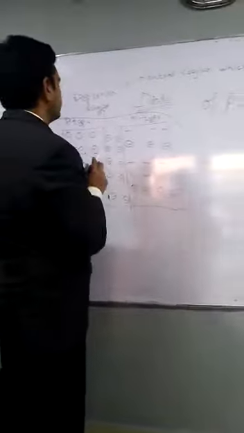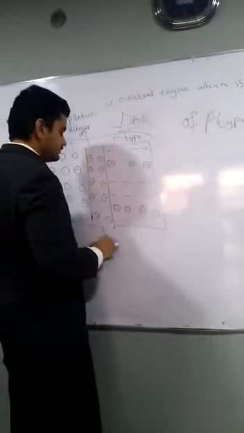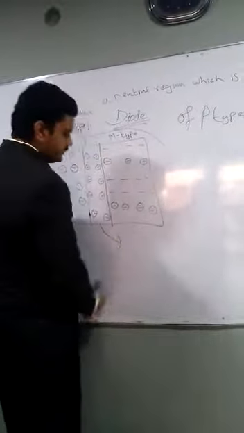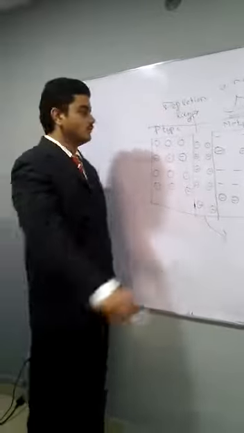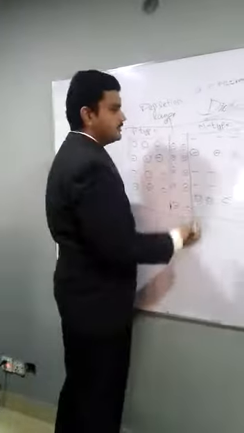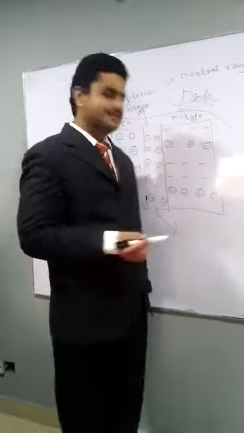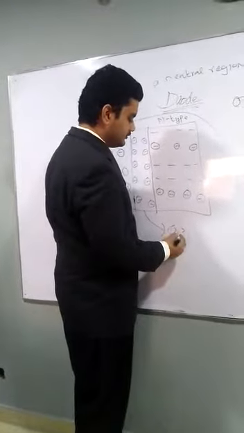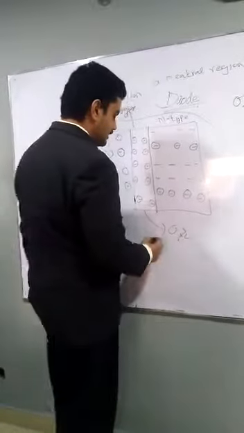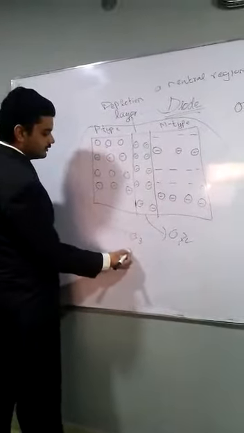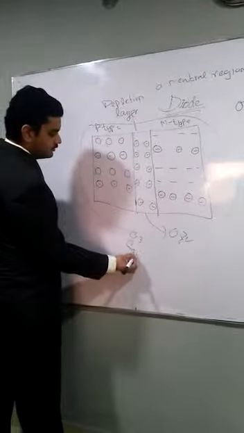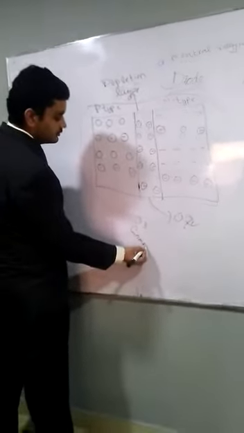The depletion region has some voltage. For example, in the case of silicon, it's 0.7 volts, and in case of germanium, it's 0.3, right?